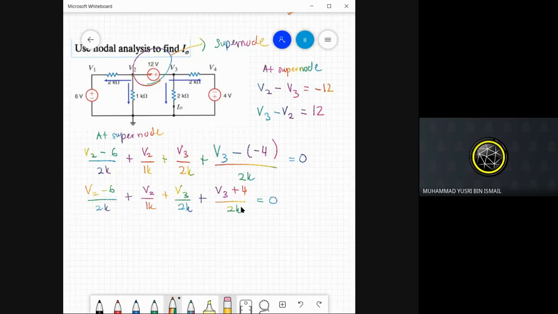Okay. The question needs you to calculate the current I naught, which is V3 over 2K. Now you need to determine the voltage at V3 first. So 1K you will times with 2.